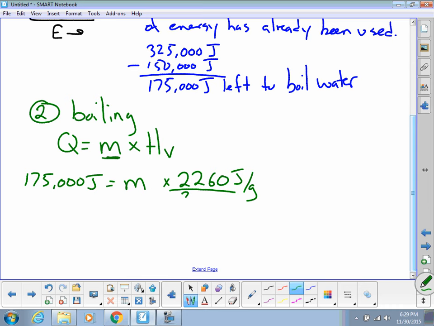So we need to isolate the mass, and that cancels out. 2260 over here. And to 3 sig figs, which is what we have left from the 175,000 joules, the answer comes out to 77.4 grams boil away.